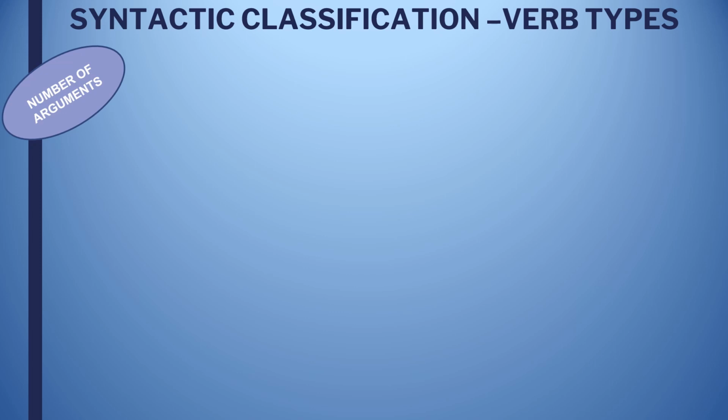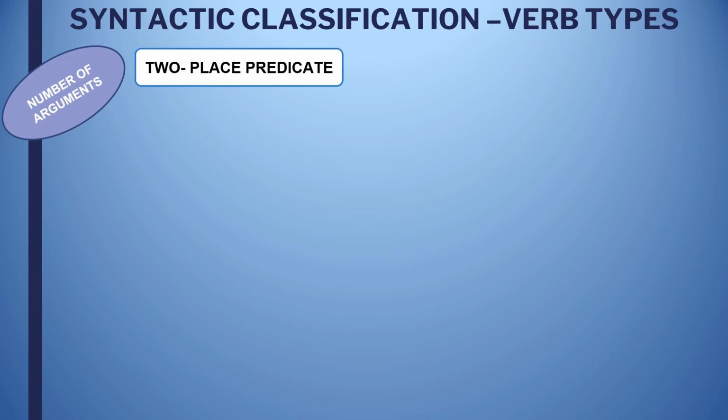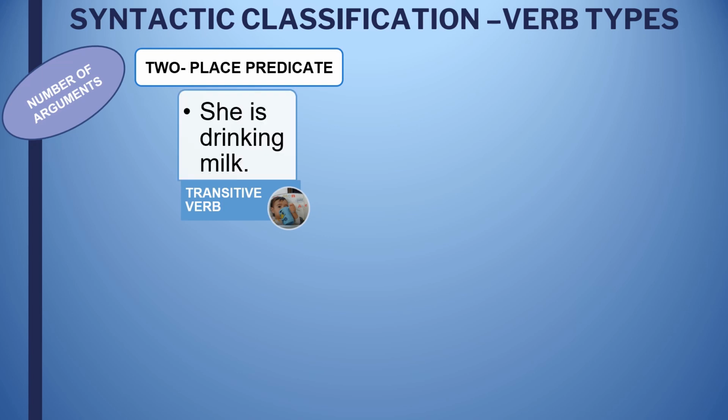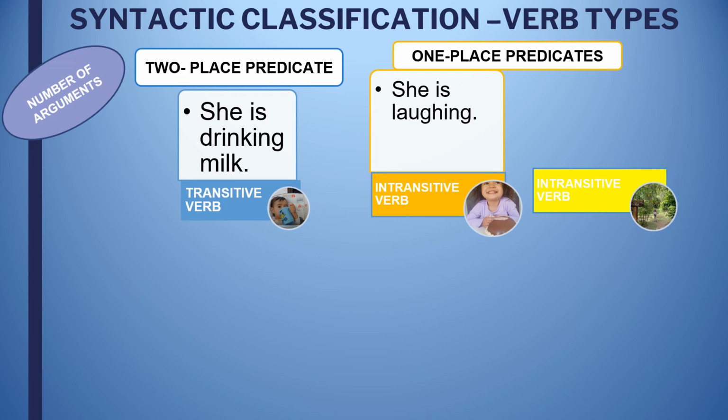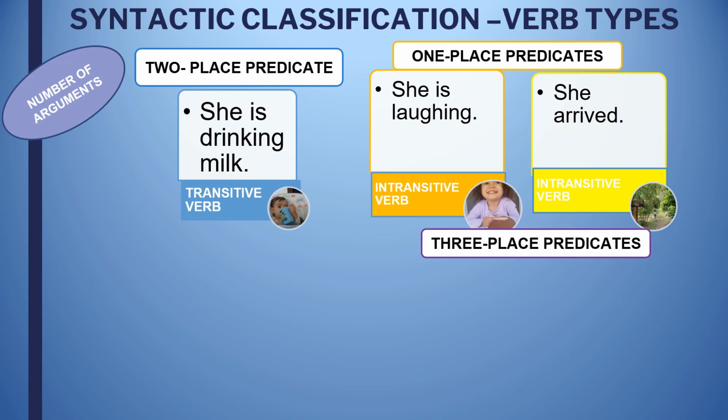Two-place predicates are transitive verbs, as shown in the sentence, she is drinking milk. One-place predicates are intransitive verbs. In here, as you can see, there are two examples. She's laughing and she arrived. In the slides that follow, we will see these two in detail.